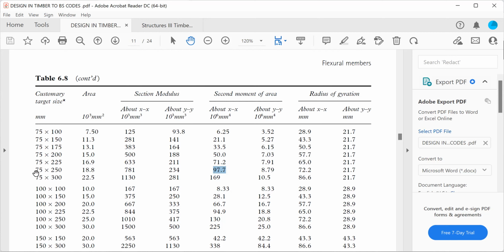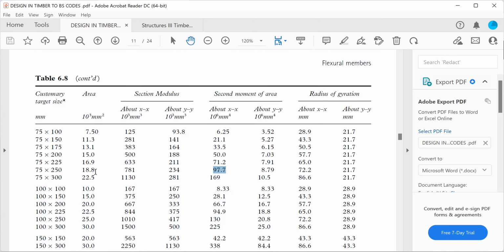So I'll be convinced that section 75 by 250 is able to fulfill those two conditions because the ZXX and IXX are both greater than what I have calculated. So now from there, I will obtain the value of area.